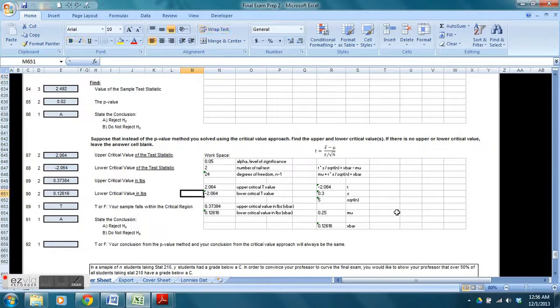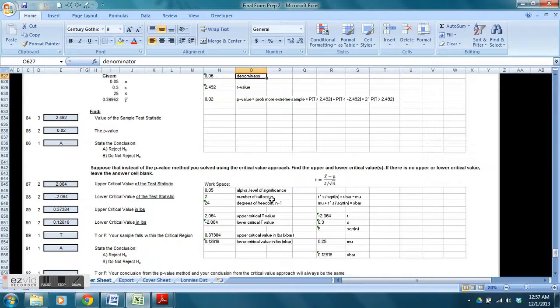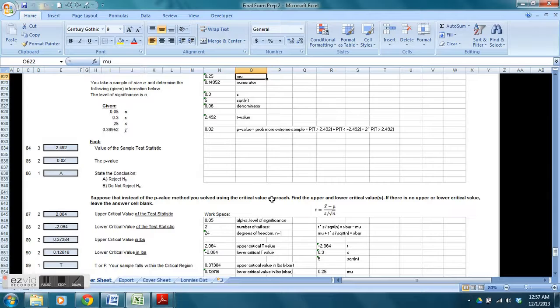Oh, and last thing, so you've got your upper and lower critical value in terms of x bar. Just like with your test statistic, you can now look at your original x bar, in this case 0.39952.